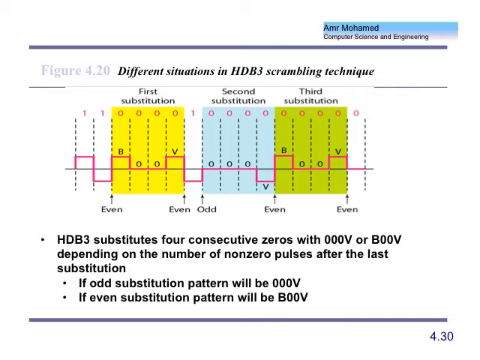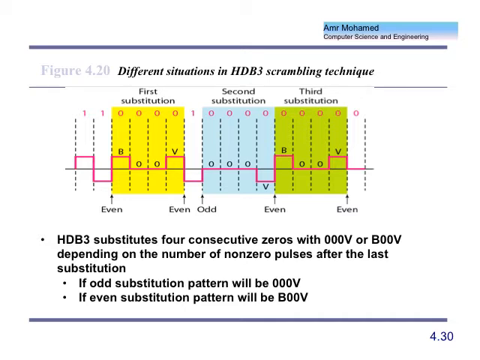So that's the only slight change in here, that this scheme takes into consideration the previous change in the voltage level. So if the change in the voltage level is even, then I use one pattern. If it's odd, then I use another pattern, to keep the change in the voltage level always even.